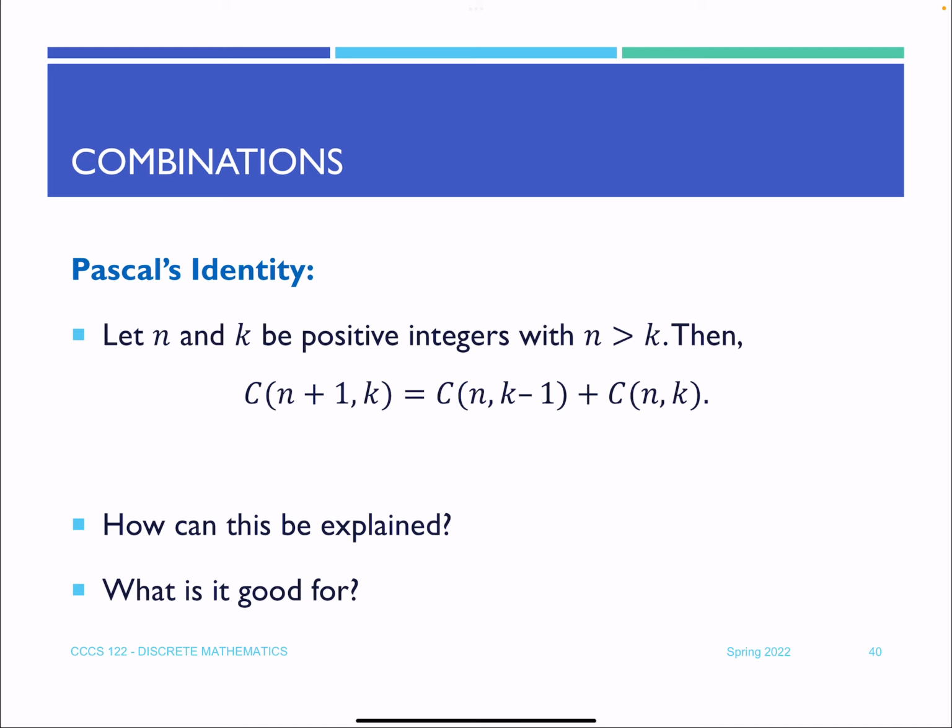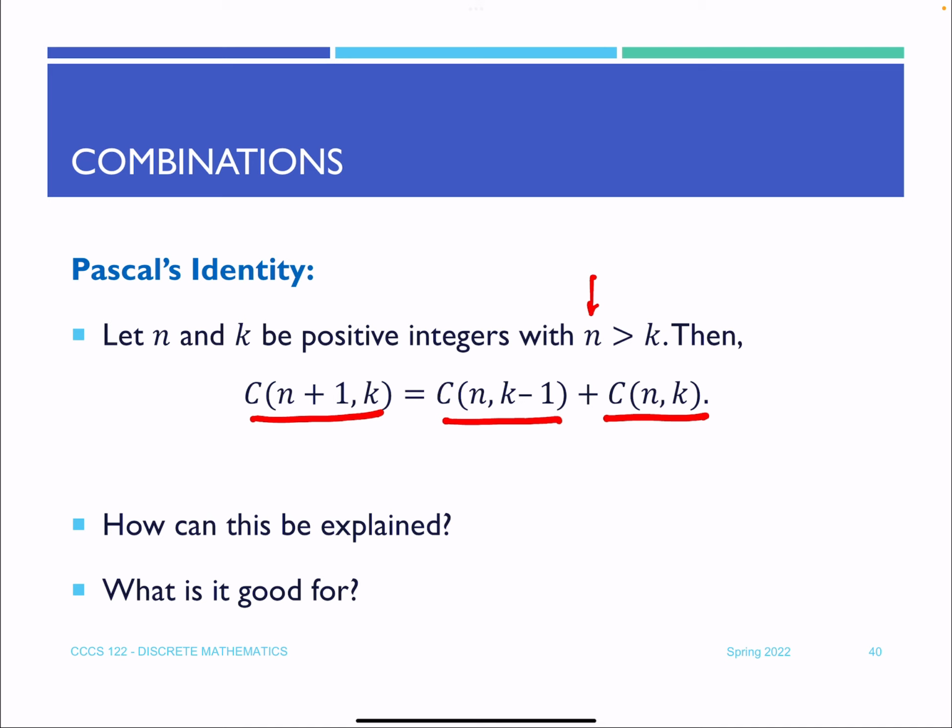You cannot select a negative number of elements as a subset. So n and k, yes, are both positive integers. n has to be larger or perhaps equal to k. So then C(n+1,k) is equal to C(n,k-1) plus C(n,k).